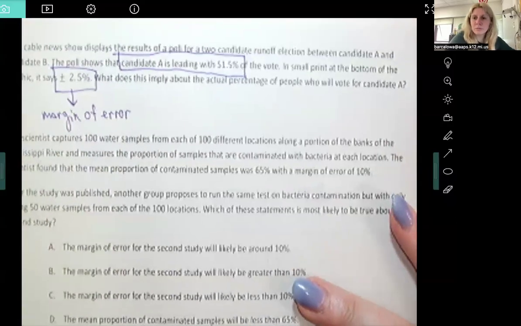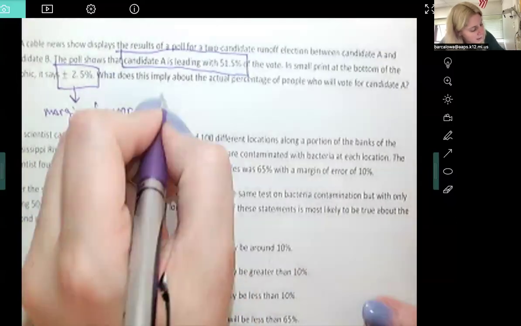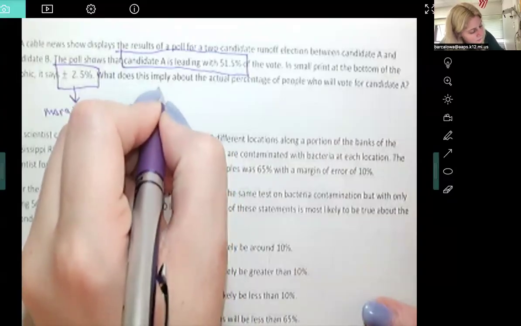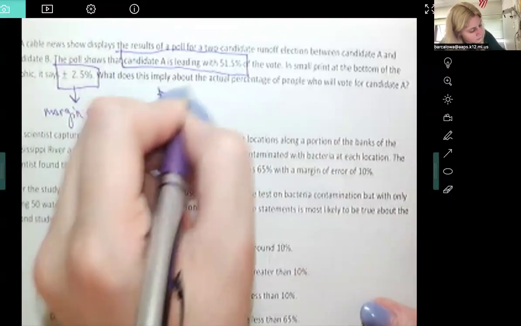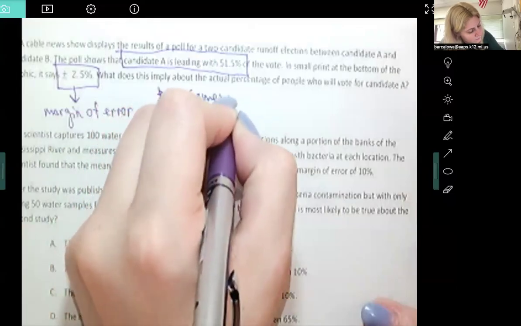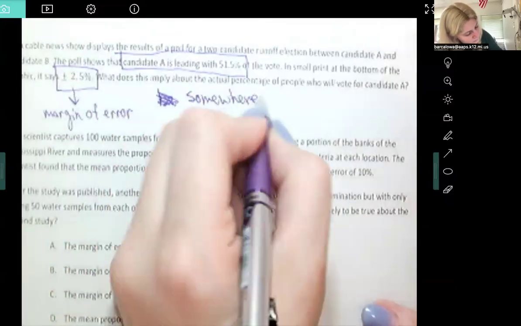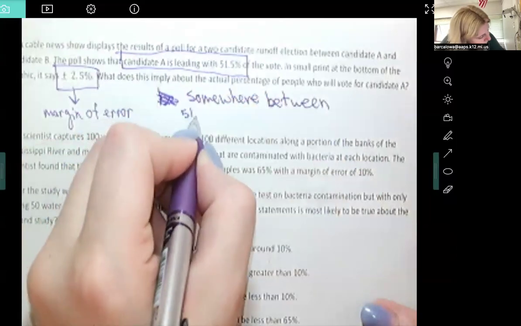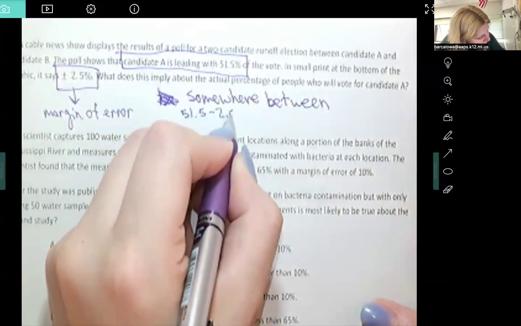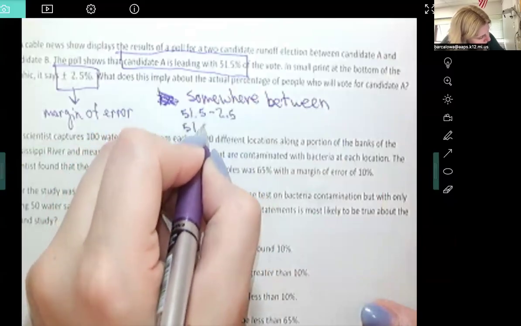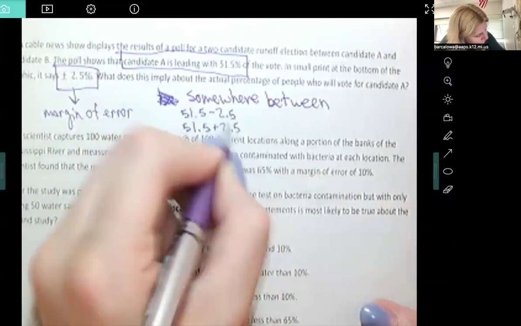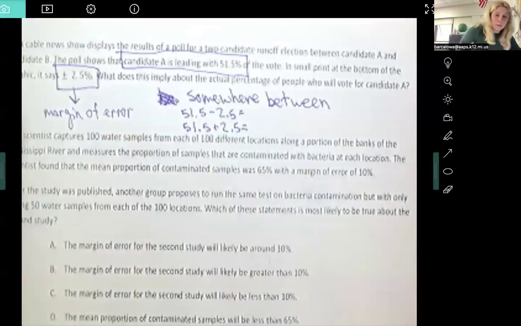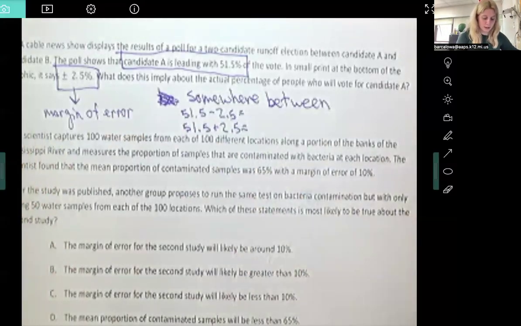So what does this imply? Somewhere between, let's take 51.5 minus 2.5 and plus 2.5 to get a range. I get my calculator.